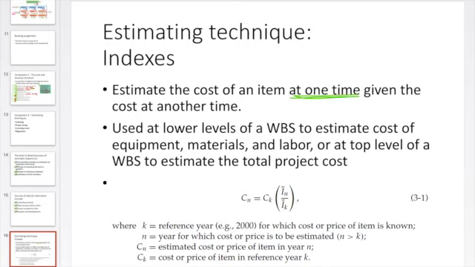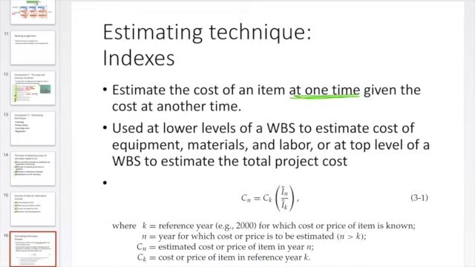So what you're given is, for the same product, the price many years ago or many years later. It's just the historical data. And then you want to estimate the price or cost of that same item in another year. Okay? So that's when you want to use this method.